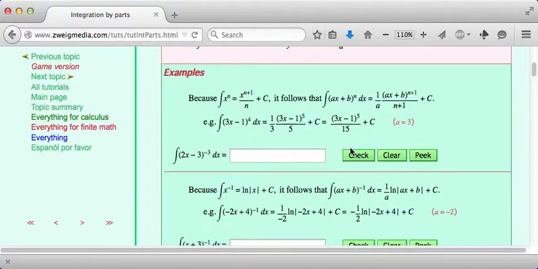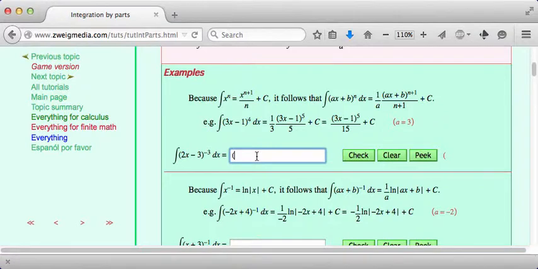For example, the first part allows you to practice the shortcut method for integrating things like ax plus b, you see that, to the nth power. So I think, well, let's just guess what it might be. As we type it in, the formula you're typing will appear on the right-hand side, and all you have to do is use graphing calculator type notation.